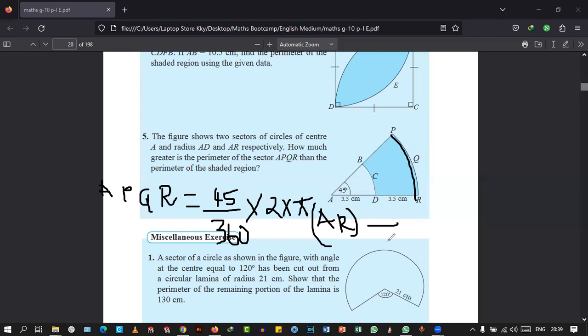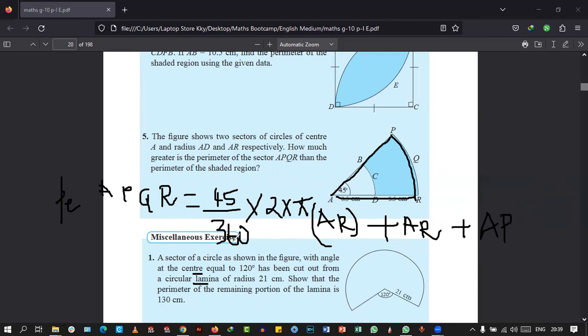After that, I have to add this portion, like AP. This is the answer for this APQR perimeter, right? And now we have to simplify this equation. It's very simple. We can substitute the values and simplify it, right?